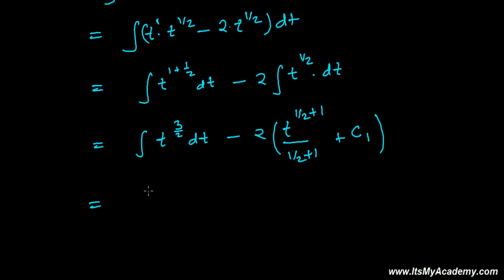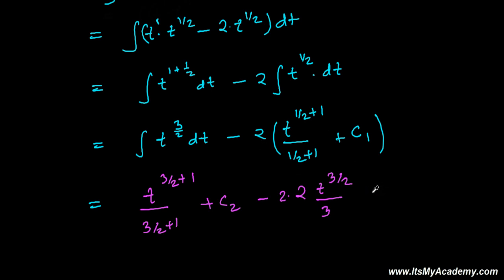So t to the power 3 by 2 plus 1, here also the simple integration, and again the constant 2 minus 2, and now t to the power half plus 1, that is 3 by 2, and again here it is half plus 1, that is 3 by 2, so that 2 will multiply over, writing 3 over 2 here and writing the 2 directly here. And this 2 will multiply c1, so it's twice of c1.